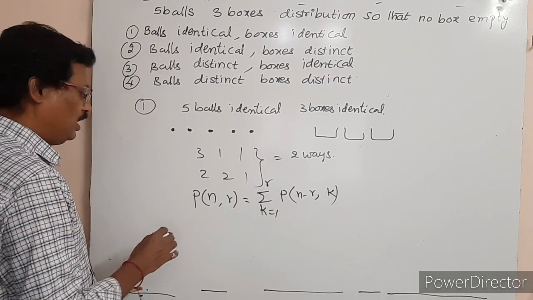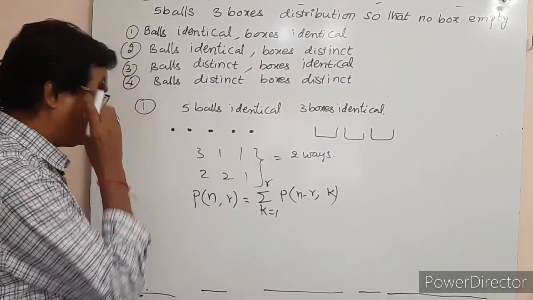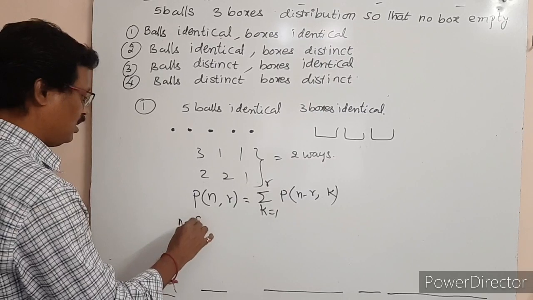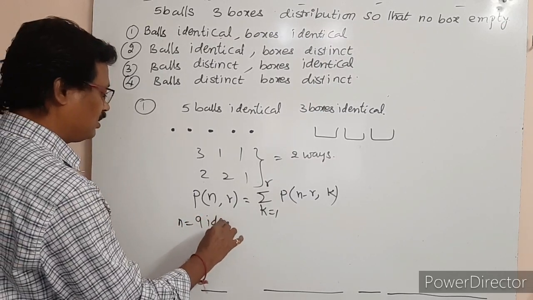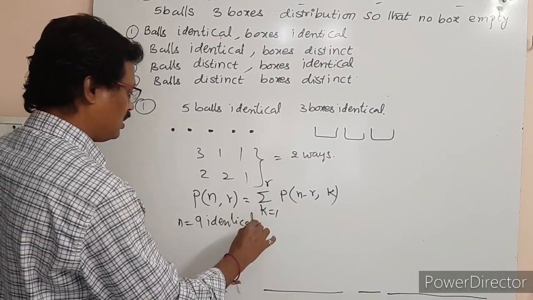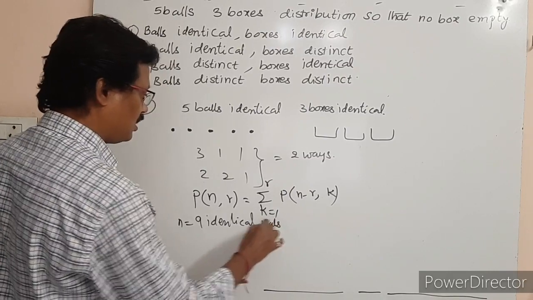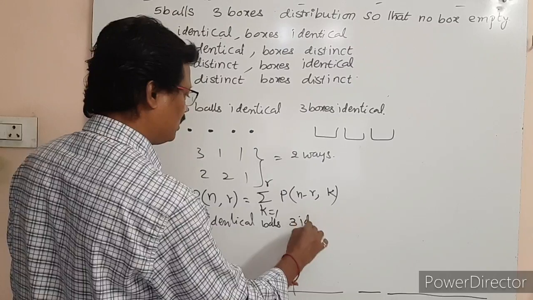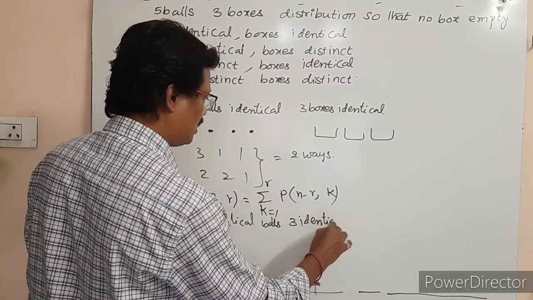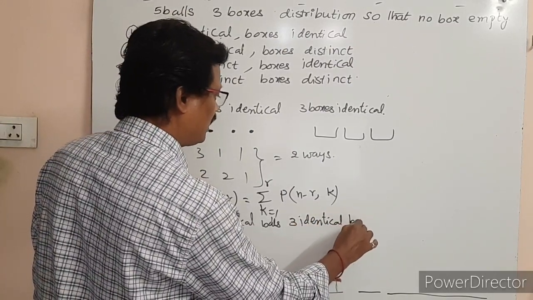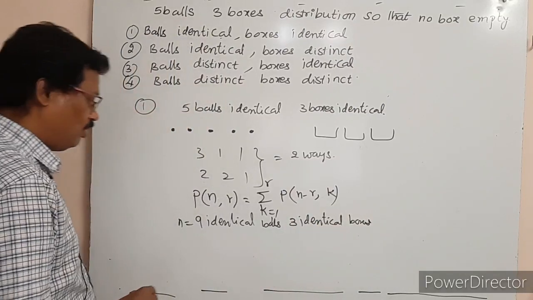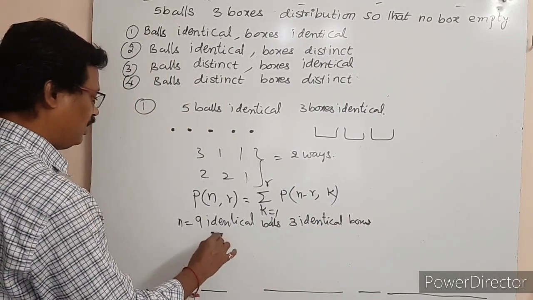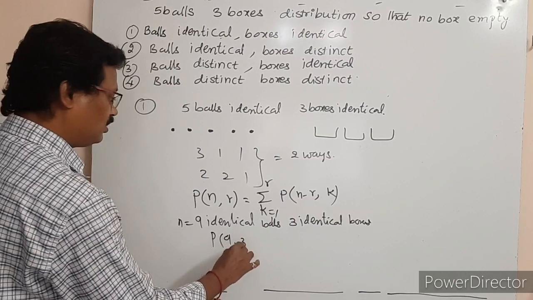Now let us see, suppose there are 9 balls, 9 identical balls, and 3 identical boxes. Now what is this? P(n, r), n is 9, r is 3.